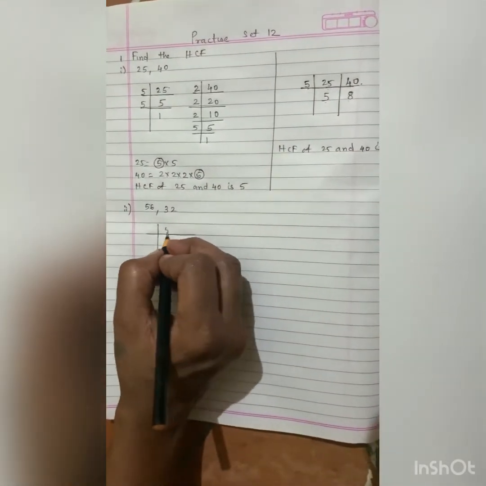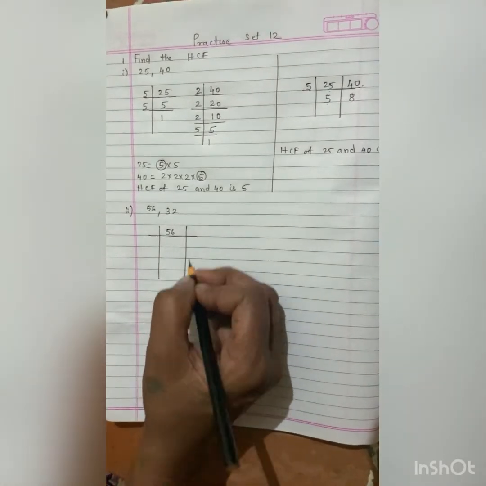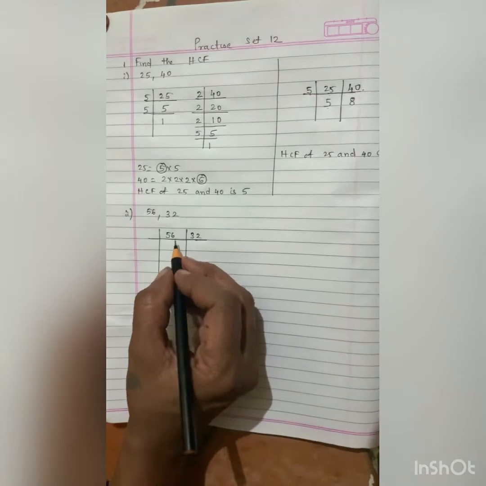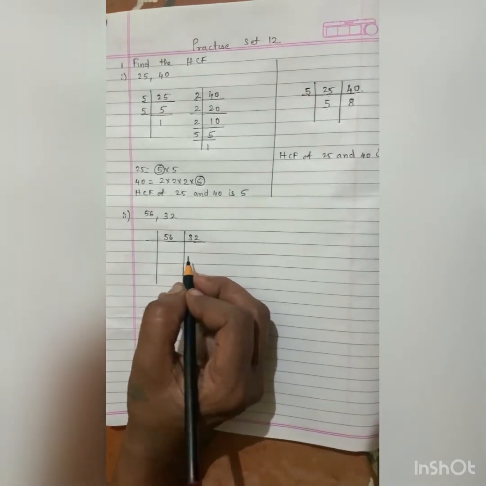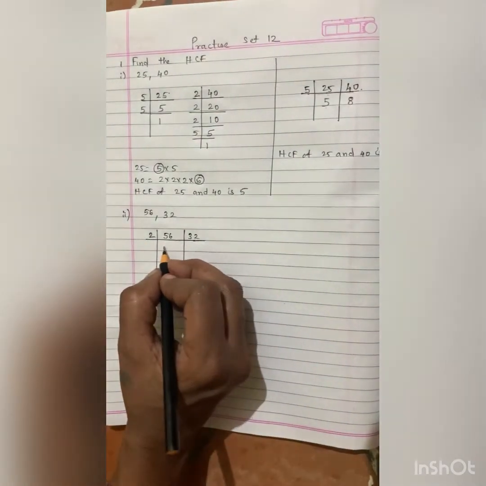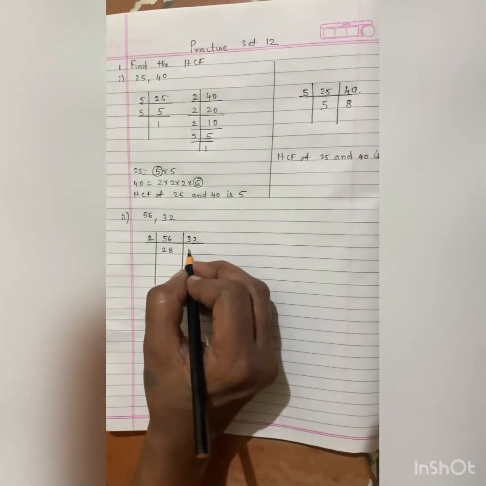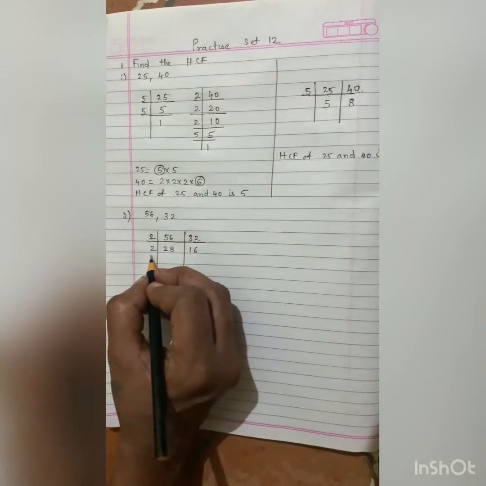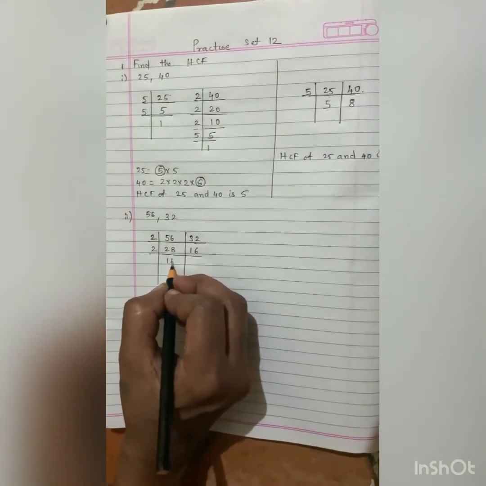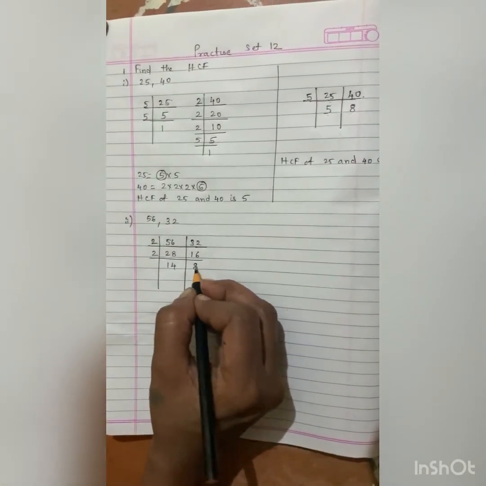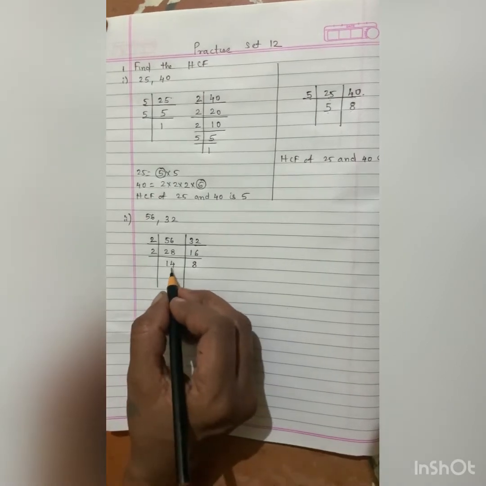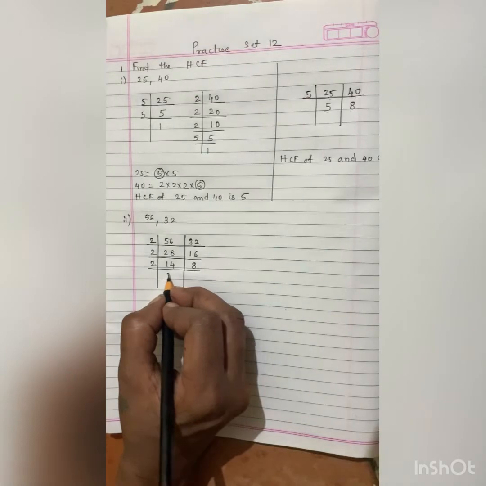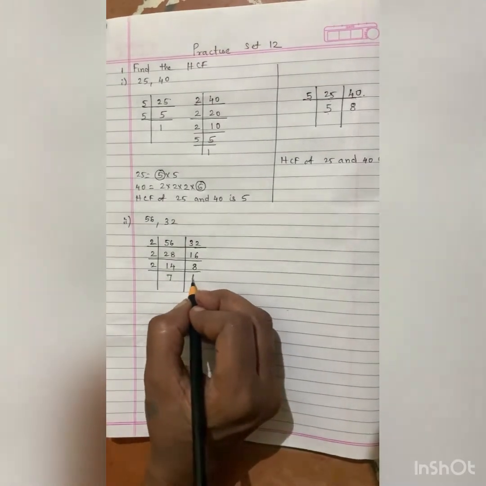Now if you see, 56 is an even number, 32 is also an even number. So both numbers are divisible by the 2 table. So you write 2, it will become 28, it will become 16. Again both are even numbers, divisible by the 2 table, it will become 14, it will become 8. 2 8s are 16. Again both numbers are even, it will go in the 2 table, it will become 2 7s are 14, here 2 4s are 8.